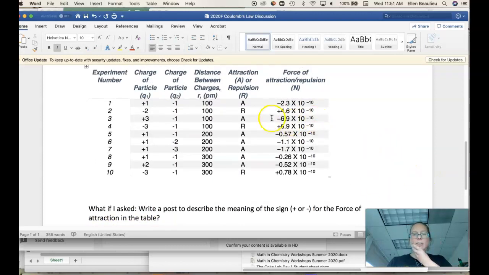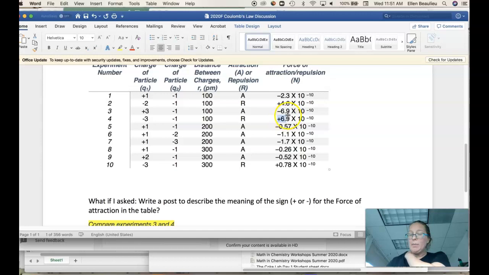Now, maybe I think that's just a fluke, and I want to see if it's general. Right now, my rule is saying that negative signs are associated with attraction, and positive signs are associated with repulsion. Okay, I'm going to look through and see if that's general. Negative attraction, negative attraction, negative attraction. I can't find an attraction that has a positive sign. Well, let's check out the repulsions. Positive, positive, positive.